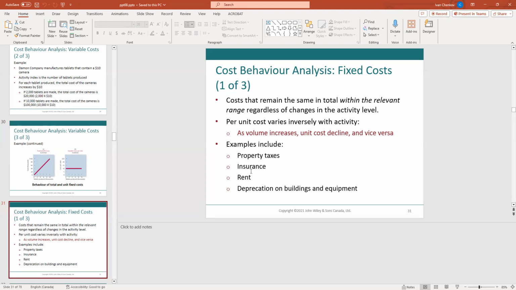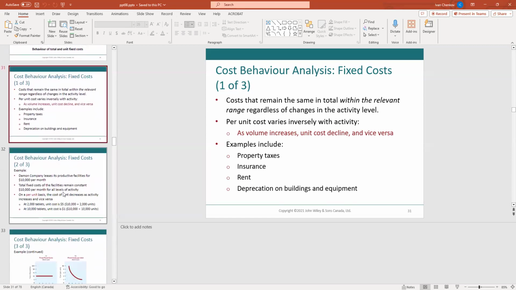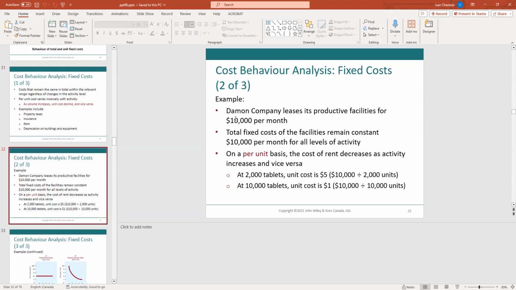Examples will be property taxes, rent, insurance. Another example: this company leases a production facility for $10,000 per month. Now the total fixed cost, regardless of the level of activity, is always going to stay $10,000 per month.